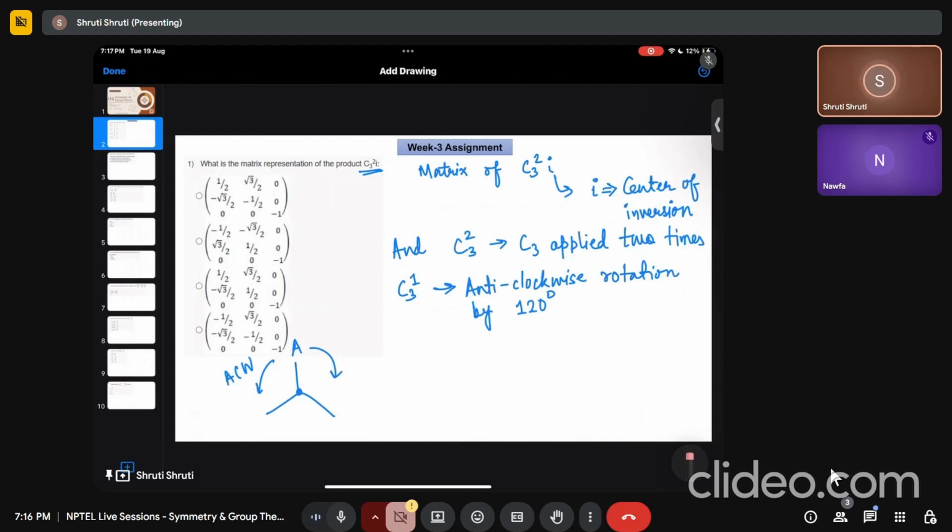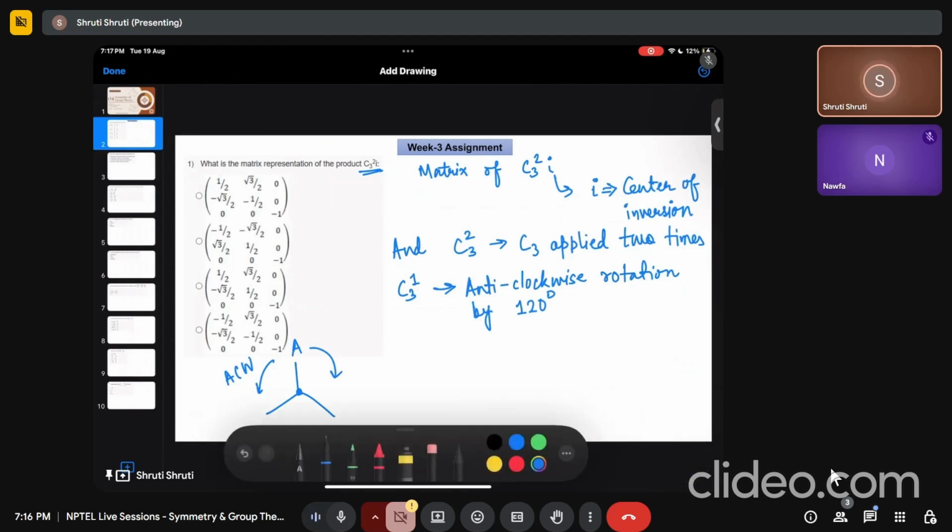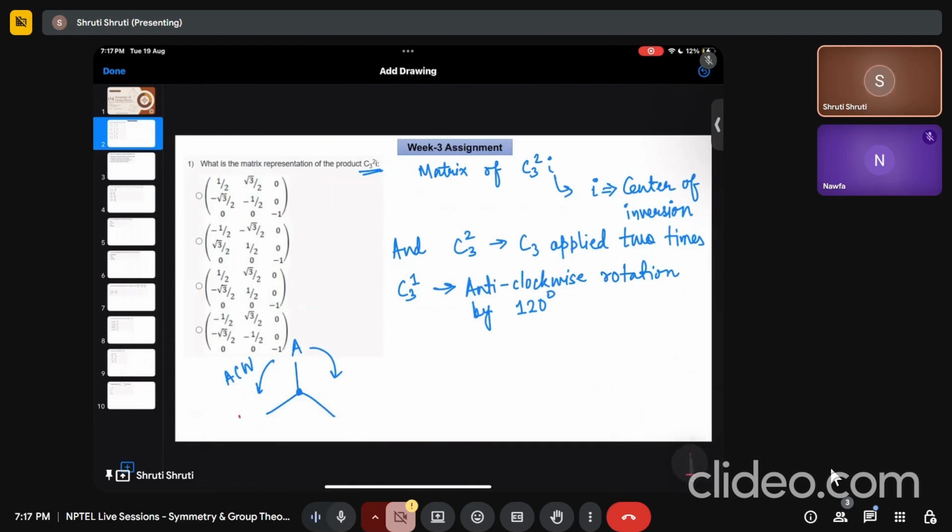So if you want to reach this point from A to B, anti-clockwise you are moving 120 degrees, but clockwise you have to move 120 plus 120, 240 degrees.